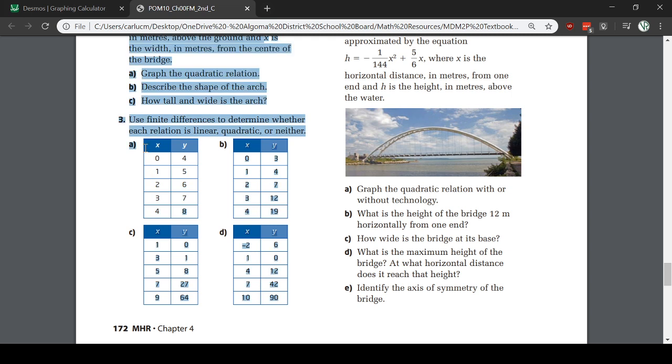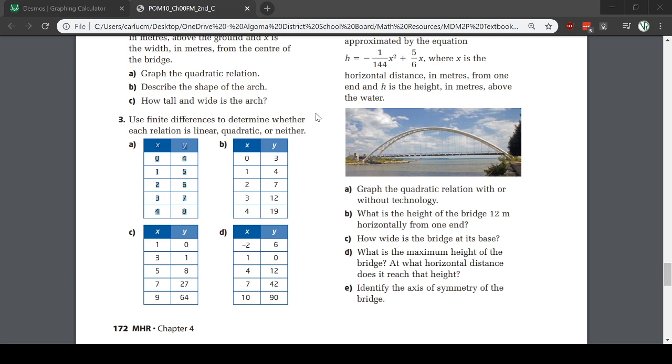So I'm going to switch over and we'll take a look at 3A. We're going to determine whether this is linear, quadratic, or neither. And so what we're going to do is make an additional column or two, depending on how many we need, at the edge of this to see if it is linear, quadratic, or neither.